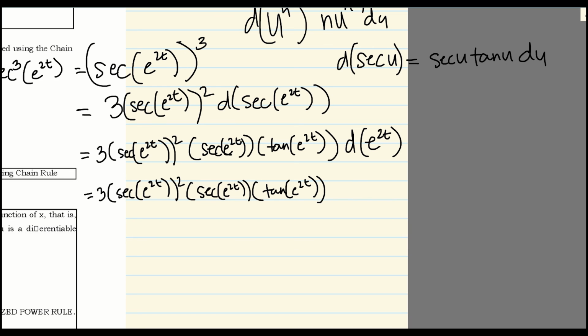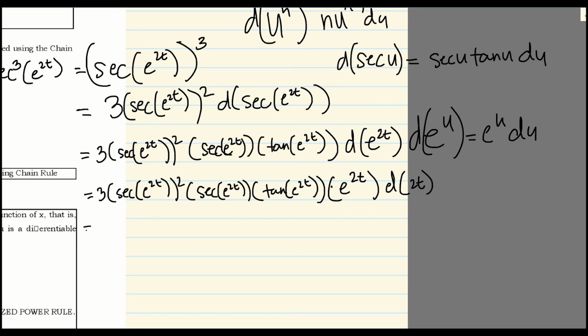Then what's the derivative of this? So we have here e to the power of u. And then we all know that if we derive that, it is e to the u du. So we have here e to the u, which is e to t, then the derivative of 2t.